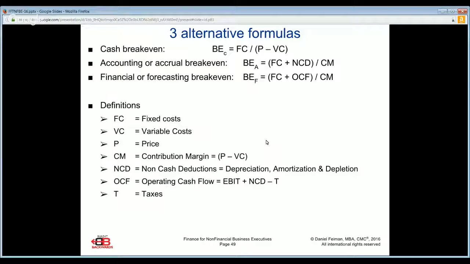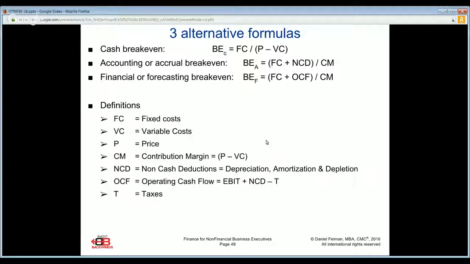And if you want to forecast into the future, to not only include a break-even but also a break-even that achieves a certain level of OCF. Oh, let me stop. OCF is operating cash flow. Operating cash flow refers to our net income, EBIT, plus our non-cash deductions, minus our tax.